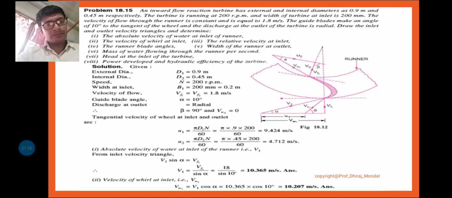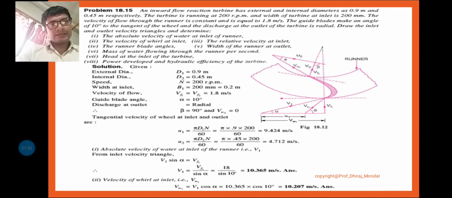Now let us solve another numerical, very important from the exam point of view. An inward flow reaction turbine has external and internal diameters as 0.9 and 0.45 meter respectively.